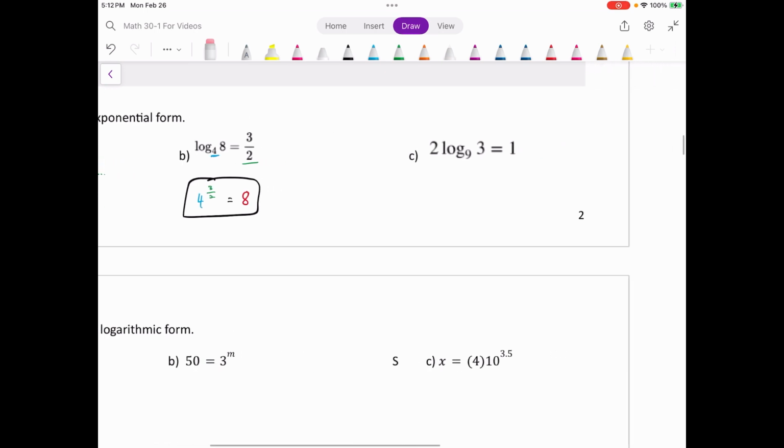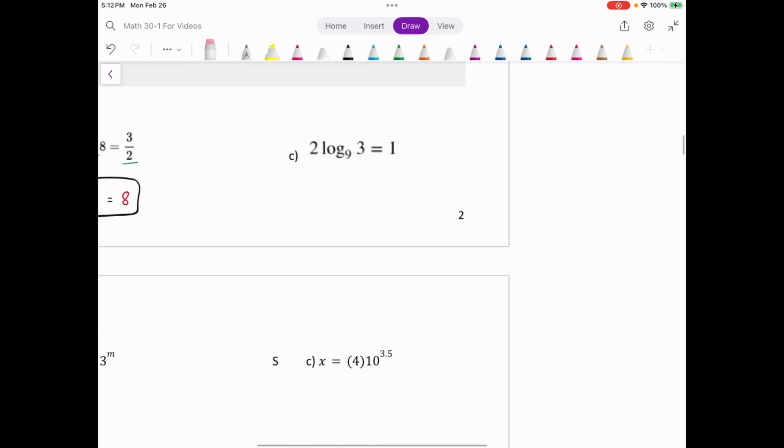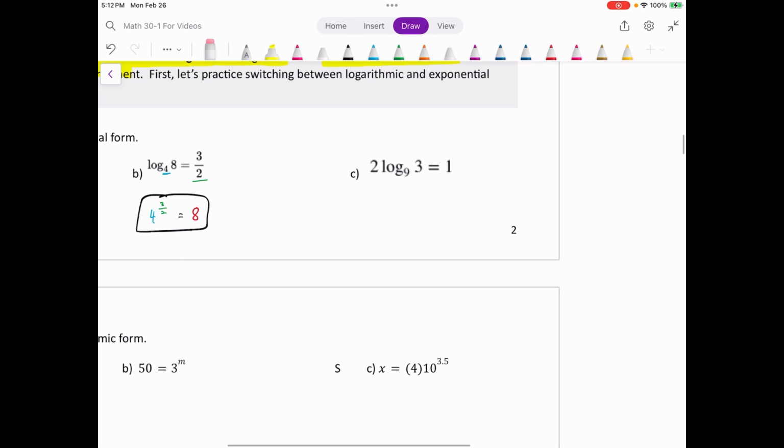All right. Let's try this one here. Now, notice we can't quite say the sentence. So I sometimes tell students this. If you can't say the sentence without leaving something out, you're not quite ready to convert forms, right? So what I mean by the sentence is this to the power of this equals this, right? So notice there's a 2 here. Now watch, as I say this, am I including the 2?